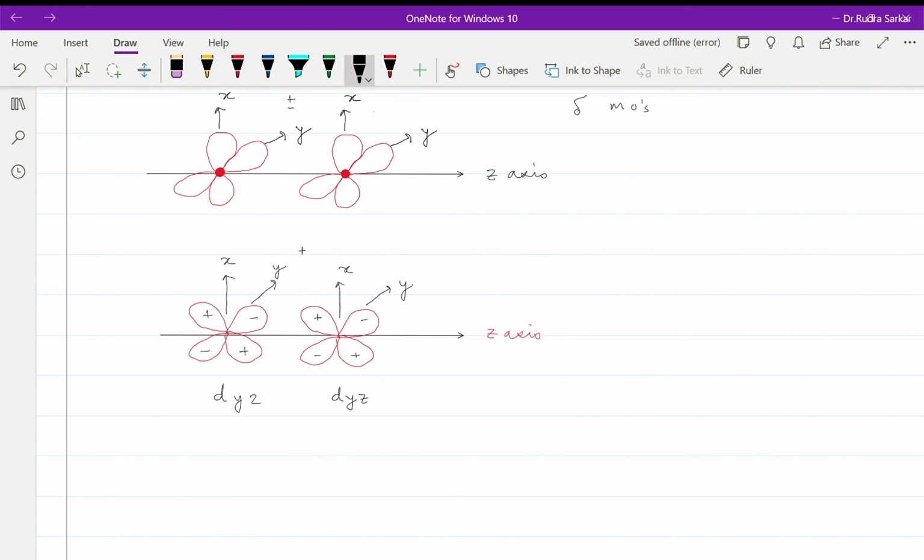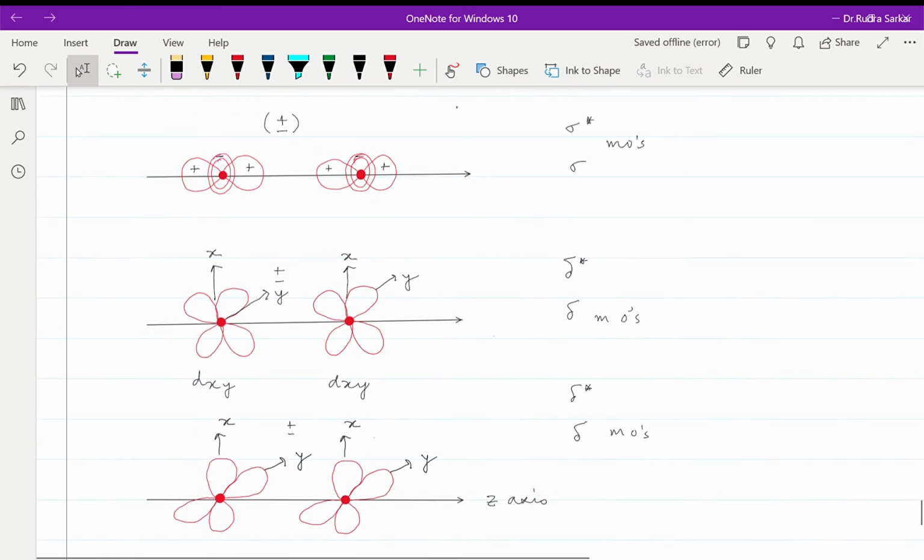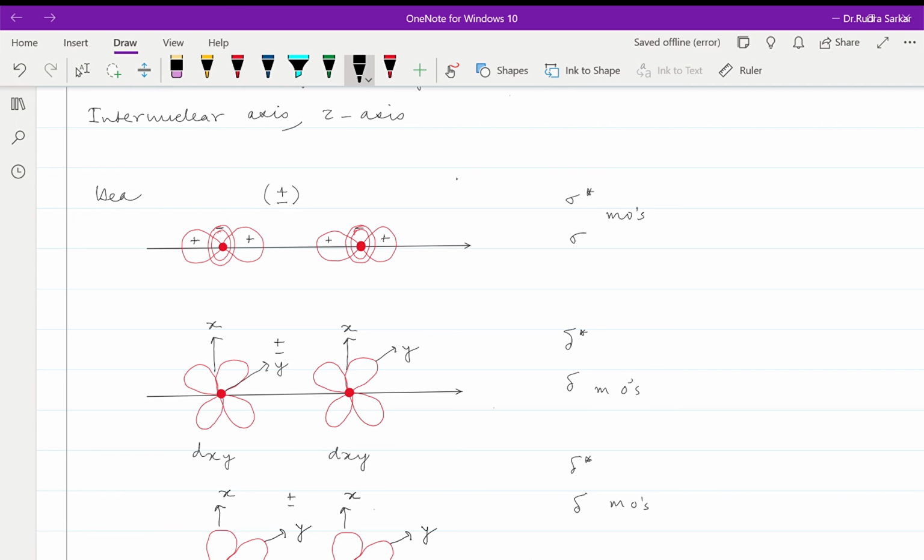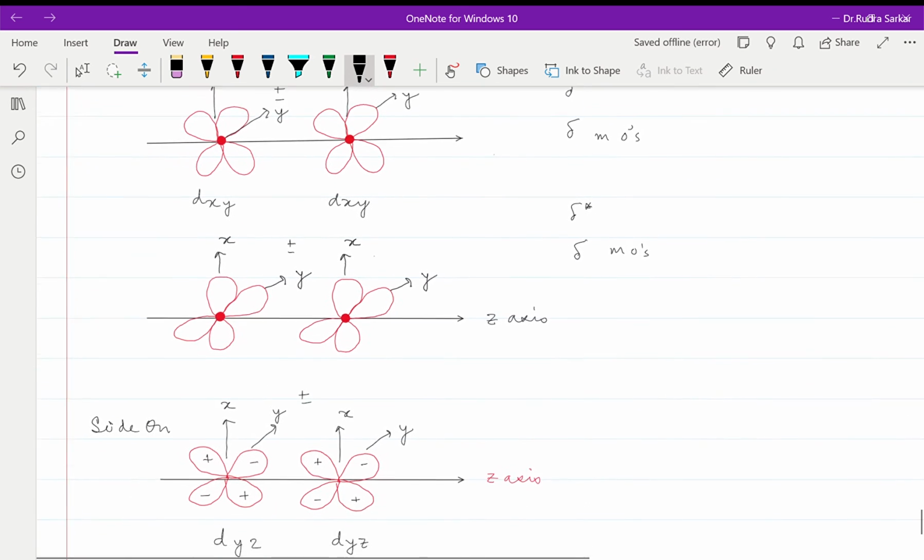So here the overlaps can be positive or negative, and this kind of combination, which is a side on type of overlap, this is side on. The top one was head on, that's why it led to formation of sigma orbitals, and the superimposed ones led to the formation of delta orbitals.